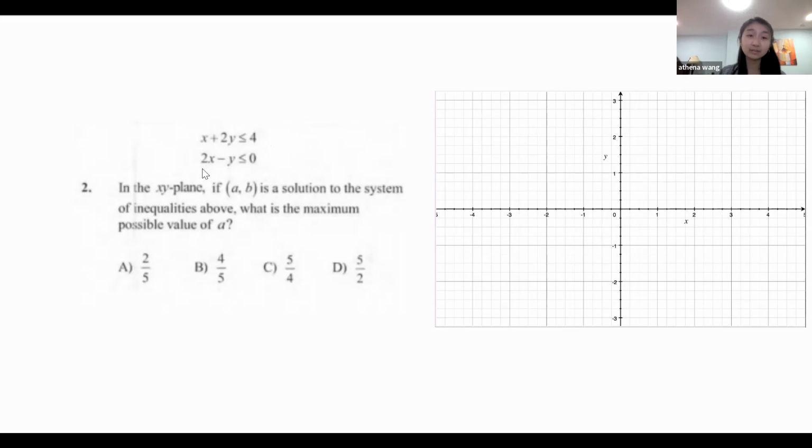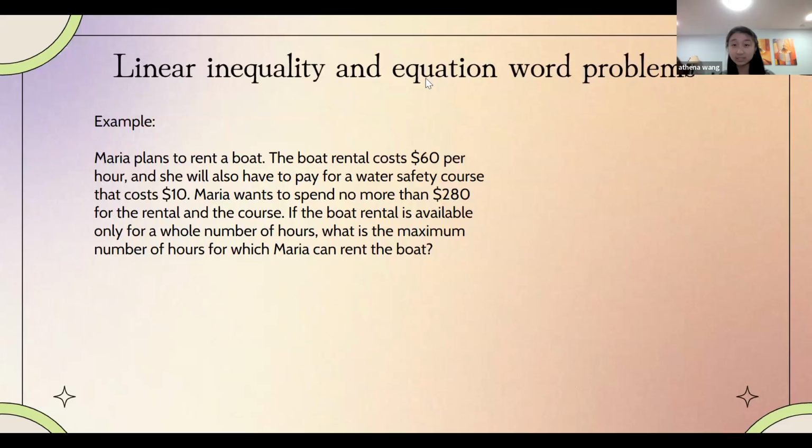Okay, so now we can have our linear inequality and equation word problems. So you can try this one by yourself. I'll give you 2 minutes.